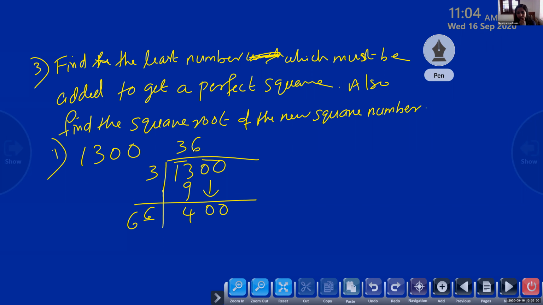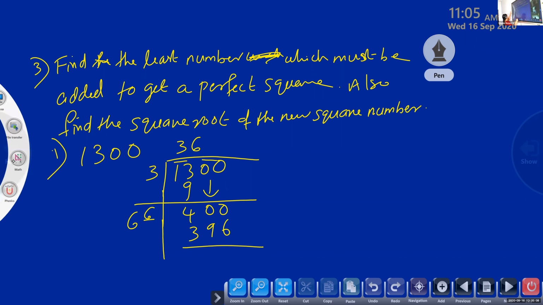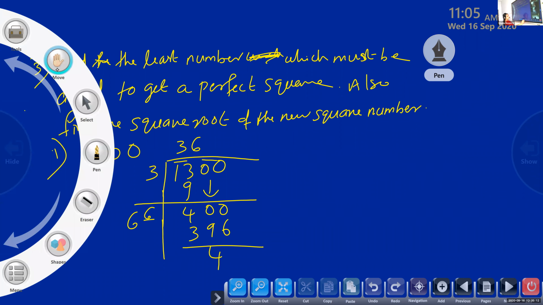So 6 into 66 is 396. By subtracting, we will get 4.